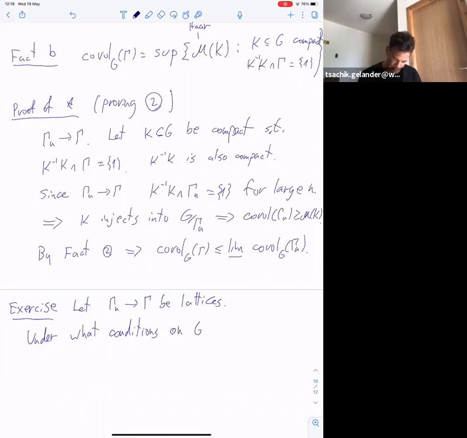We can say that the volume of G mod gamma n converges to the volume of G mod gamma. So we just proved that for the volume of G mod gamma n, the lim inf is bigger.